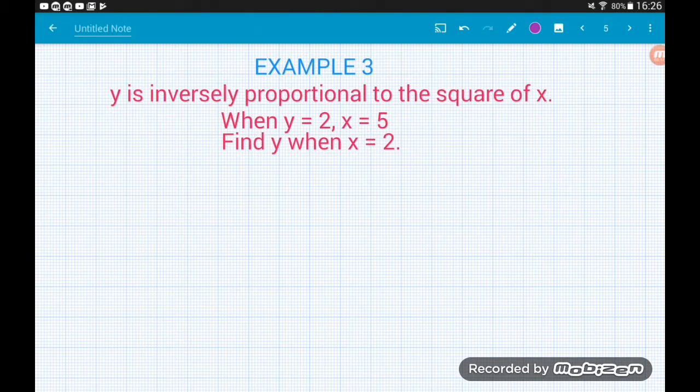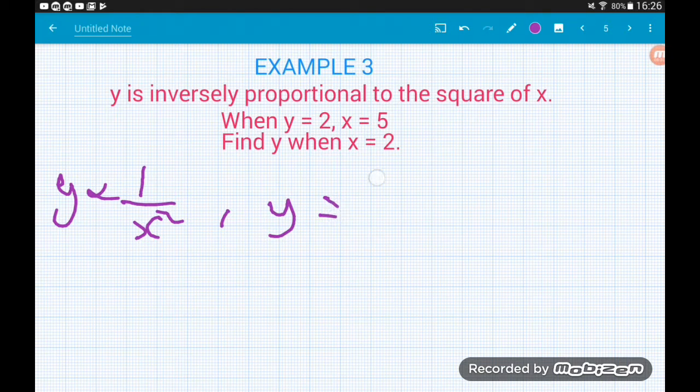So our proportion that we're going to write down is y is proportional to 1 over x squared. So the equation that we're going to be using is y equals k over x squared. Okay, so now we've set up the equation. We use the initial conditions to find the value of k. So when y equals 2, x equals 5.